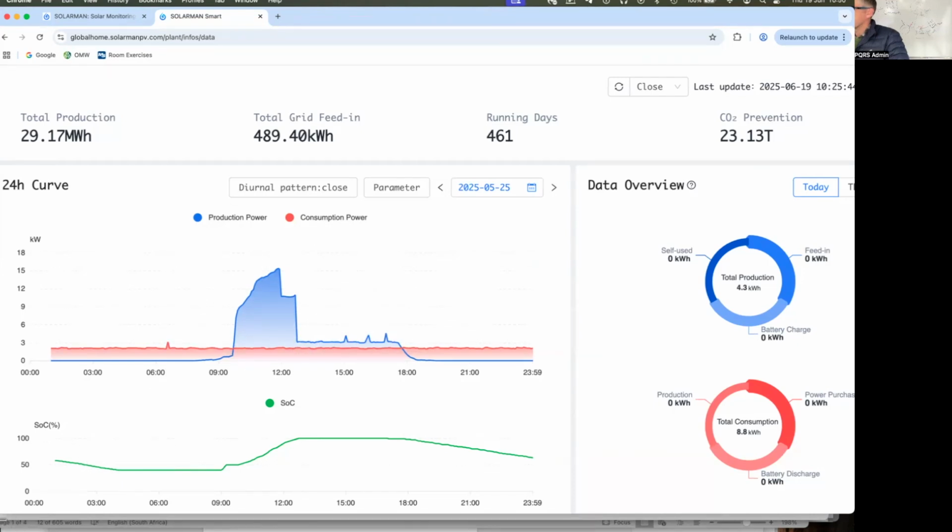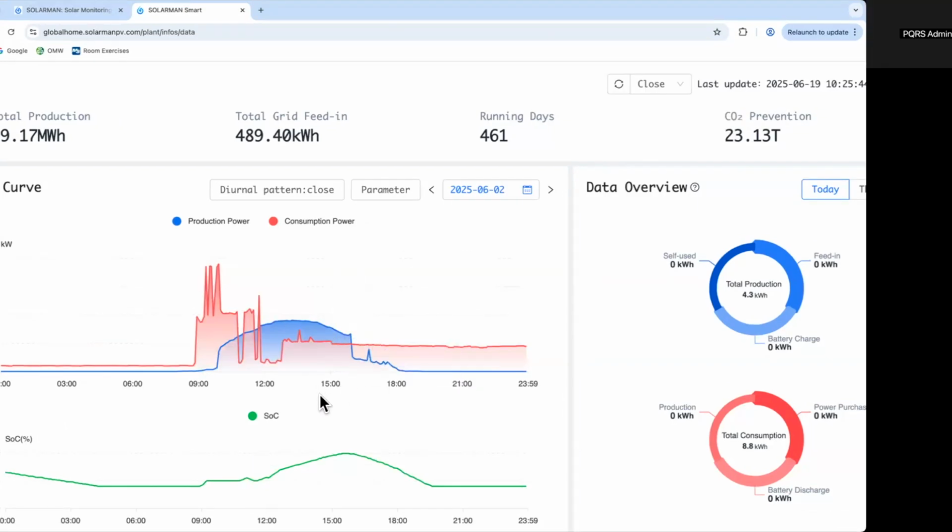But what is notable over here is that that line there never goes away. So the consumption of 2 kilowatt never goes away. When we look at the 2nd of June, we see that the load in the middle of the day has increased to, and maybe we should just annotate this quickly.